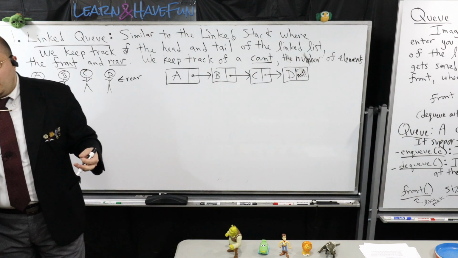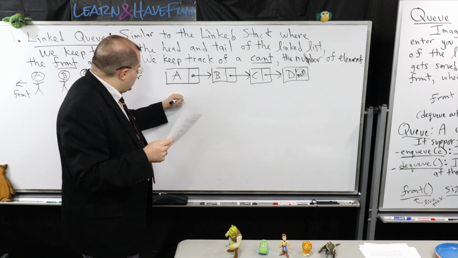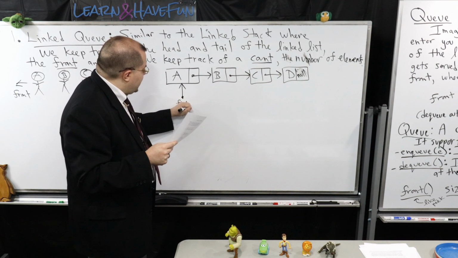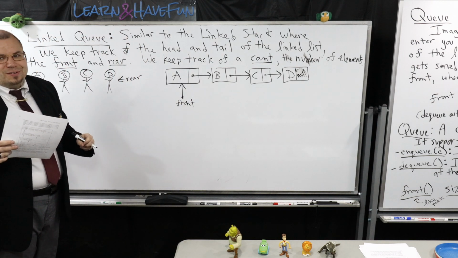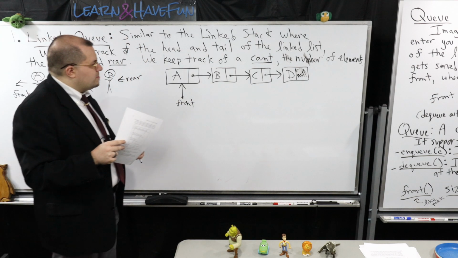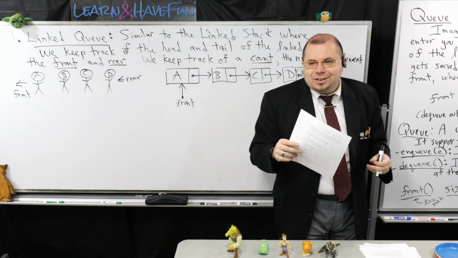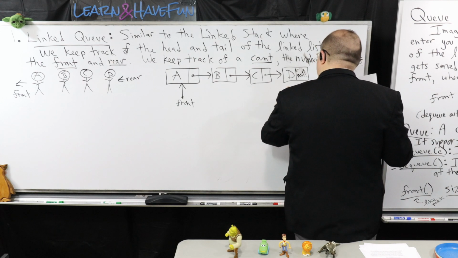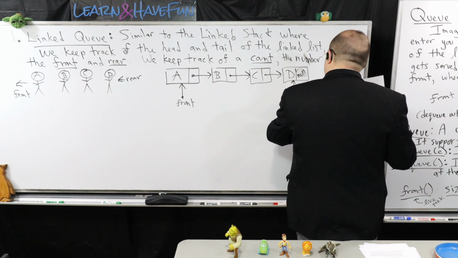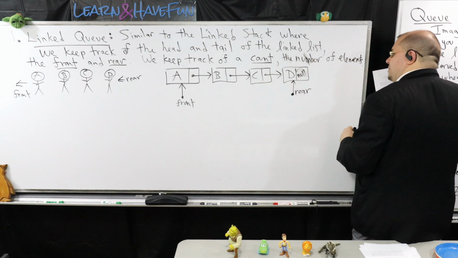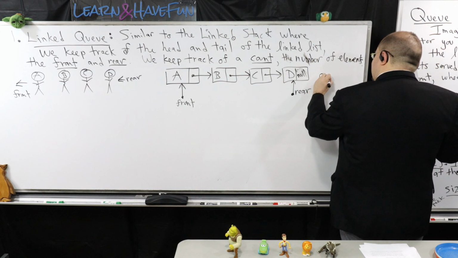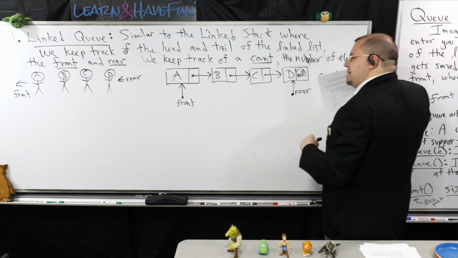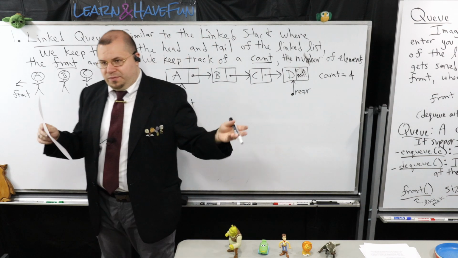Presently, I'll have a pointer pointing at the head of the linked list. I'm just going to call that front, but you might be familiar with calling that head, or from the linked list based stack, we call that top. Then I'll have another pointer looking at the rear. And our count currently is 4, right? So this would be, for example, the present state of this queue.